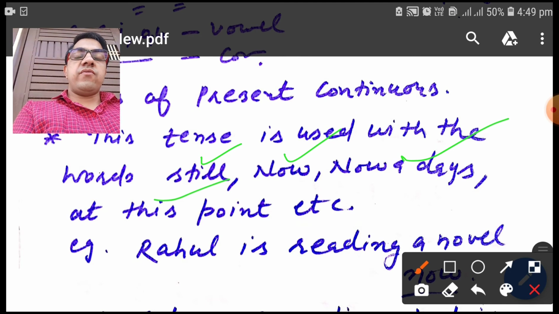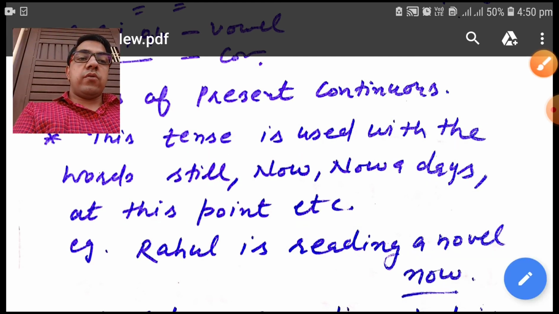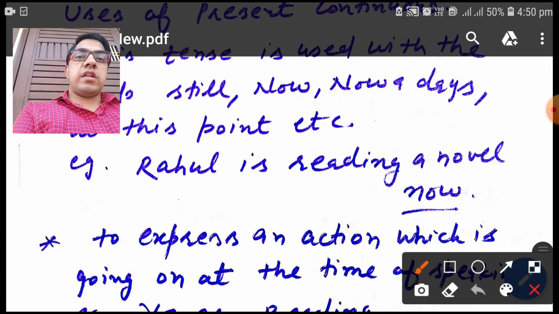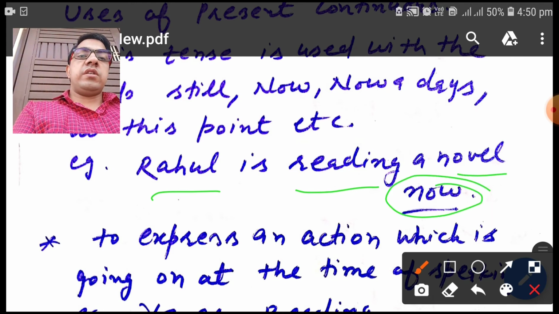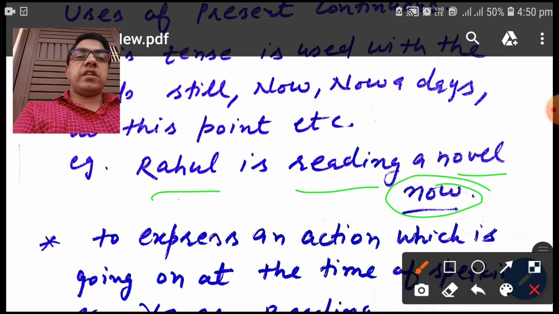When we find any word from these words, in that condition we should use present continuous. There is an example: Rahul is reading a novel now. Now is given in this sentence, that's why we should use present continuous.